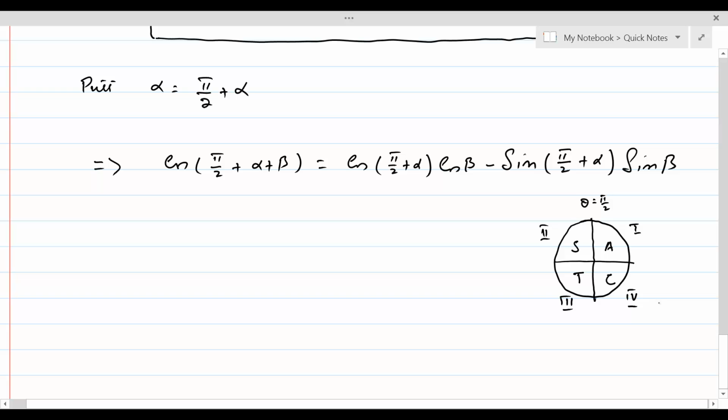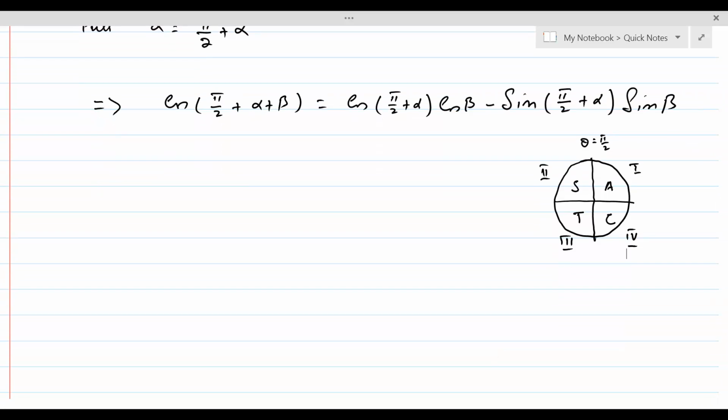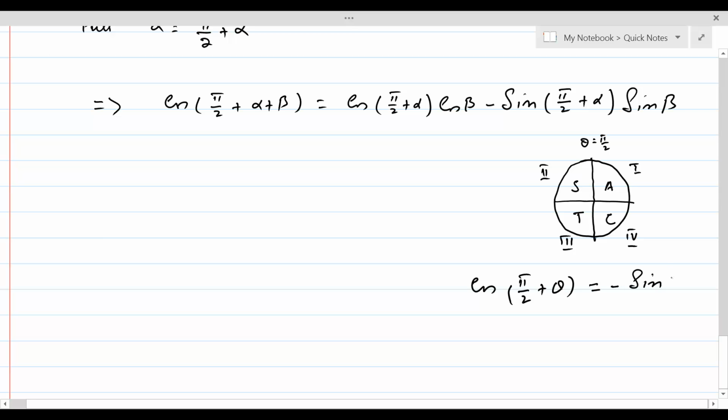Although we are going to prove these in the next lesson, these things could be remembered: the value of cos of pi by 2 plus theta, because this angle pi by 2 plus theta falls in the second quadrant where the value of cos is negative, and always while crossing pi by 2, the cos will change into sine, sine will change into cos. So cos of pi by 2 plus theta is equal to minus sine of theta.